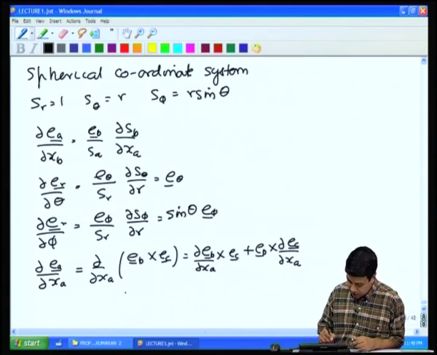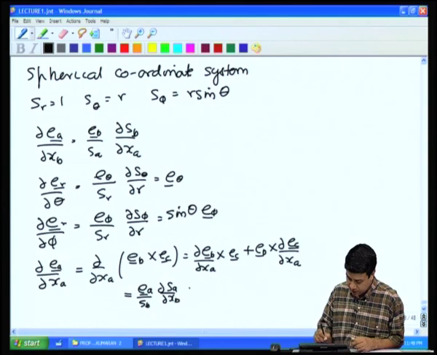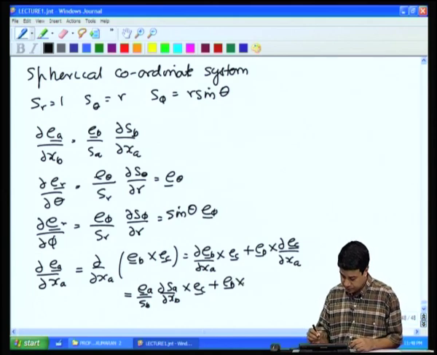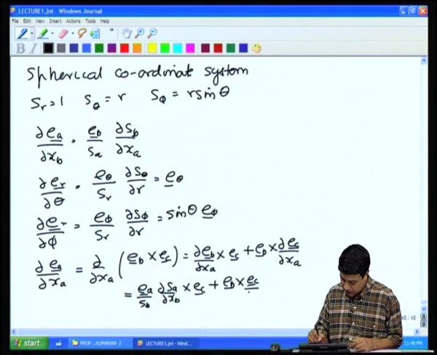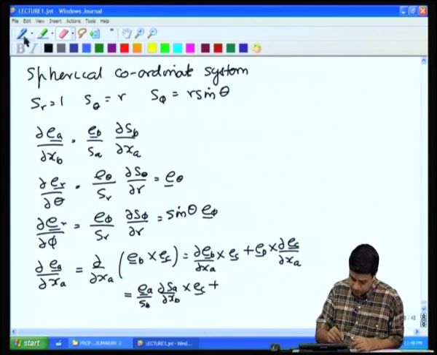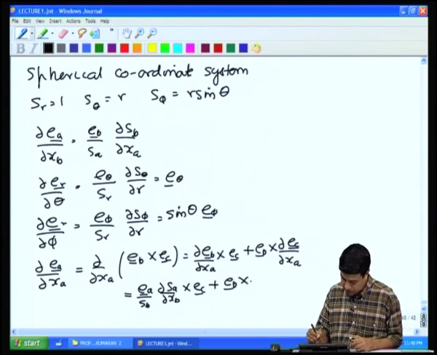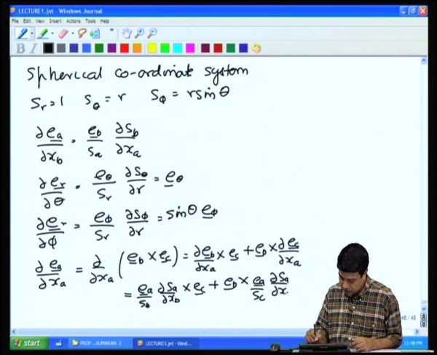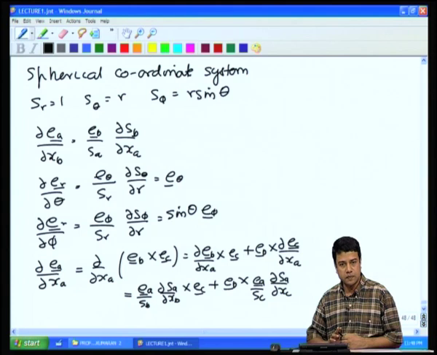So, this first term here, partial E B by partial x A is equal to E A by S B partial S A by partial x B cross E C plus E B cross E A by S C partial S A by partial x C. Okay. Just using the formula that we just derived.